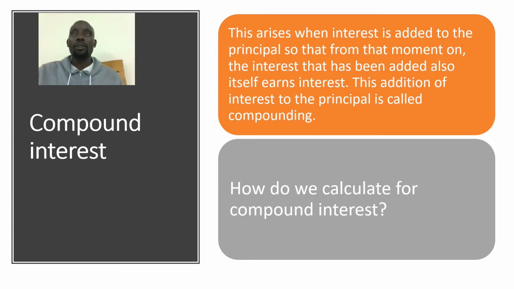Like we saw in the first example, the interest which was earned is now again added to the principal, and in the next period that interest also earns interest together with the previous principal. So we are going to see how we calculate compound interest.